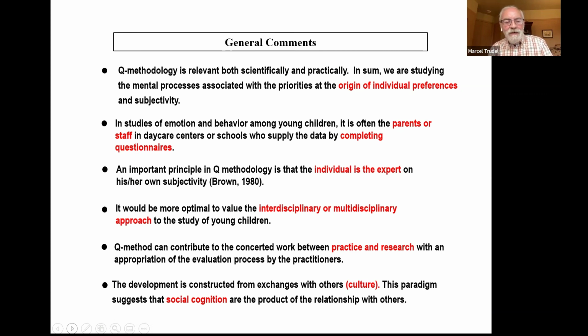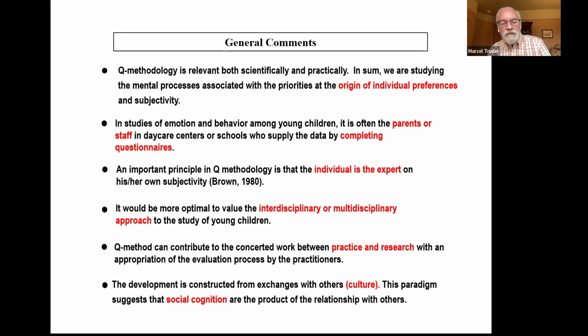Anyway, I learned lots. It can contribute to practice and research. As Mike said in the beginning, that's why people in the field, when I talk to them about the Q-sort, the Q method, have great interest, much more than if I speak of a questionnaire.